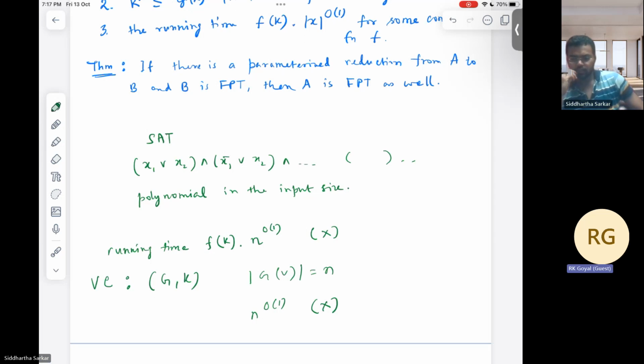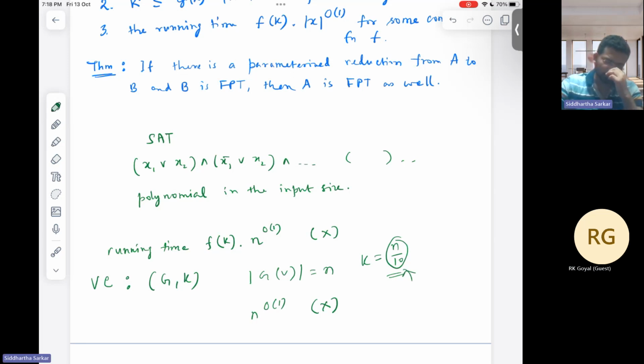Okay. Now if the vertex cover size is n by 10 and I give you, it need not be a constant, it may or may not depend on n, but it is given. It can be given as some constant or specified in some way. Some dependence on n can be there.